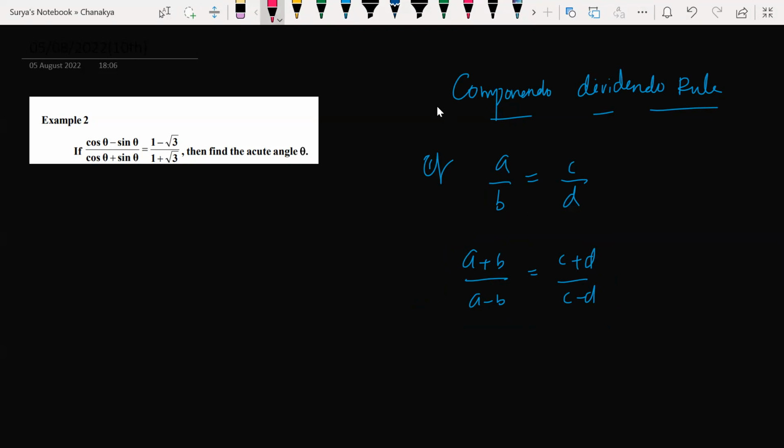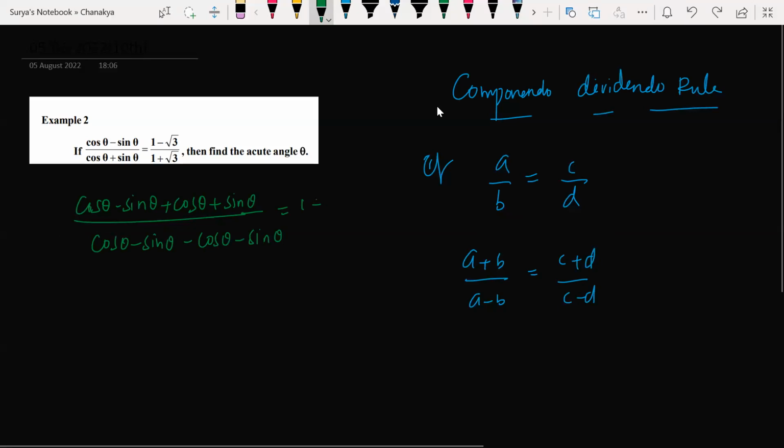As per this, look here. This is a, this is b, this is c, this is d. Now a plus b is cos theta plus sin theta, and a minus b is cos theta minus sin theta, all divided by 1 minus root 3, c plus d divided by c minus d.